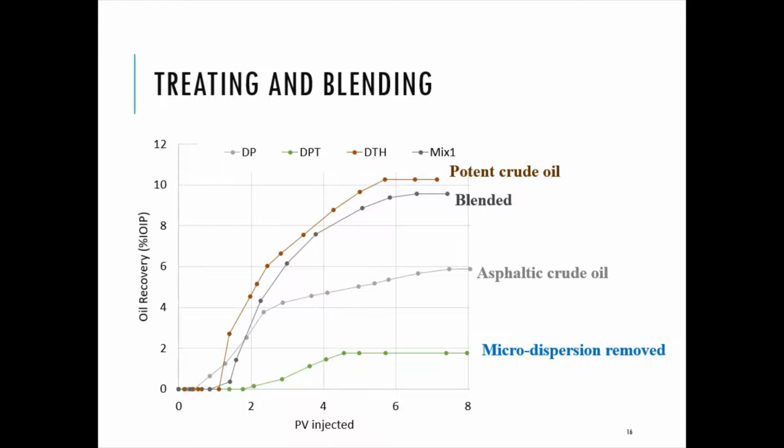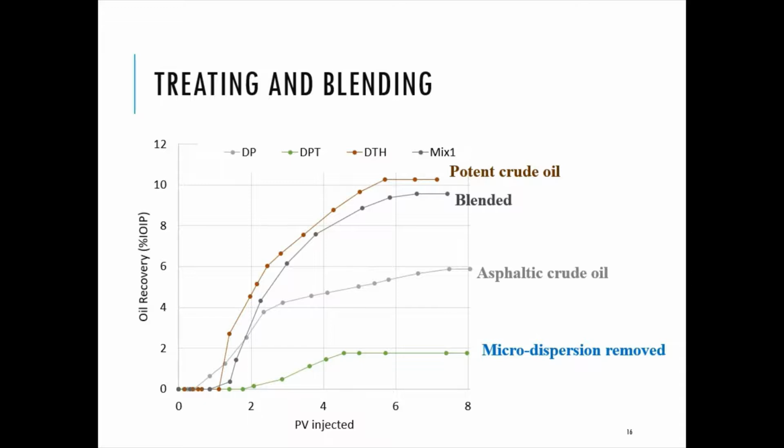But another one is that we have taken this rich crude oil, we have pre-contacted it with the low salinity water, and then we carefully remove that brownish phase, which we call micro-dispersions. And you can see that its performance actually reduced remarkably. From more than 10%, the additional oil recovery dropped to less than 2%.